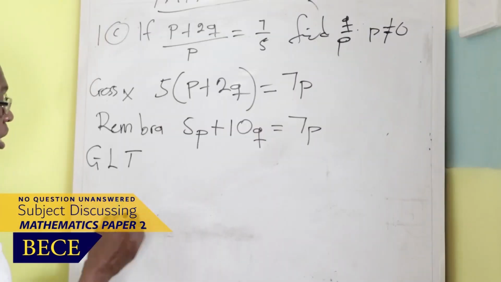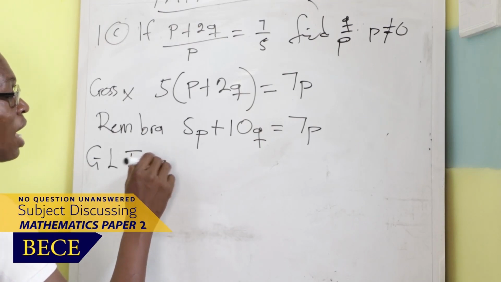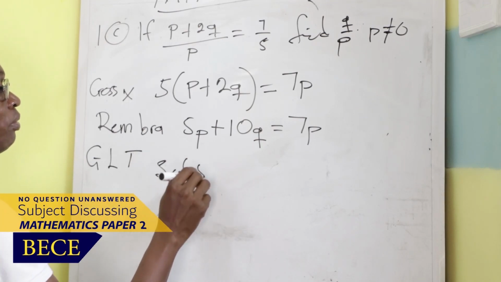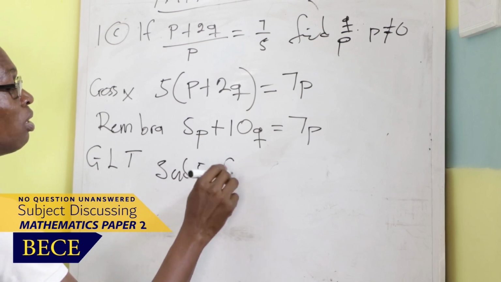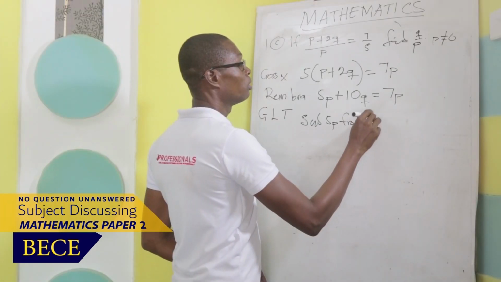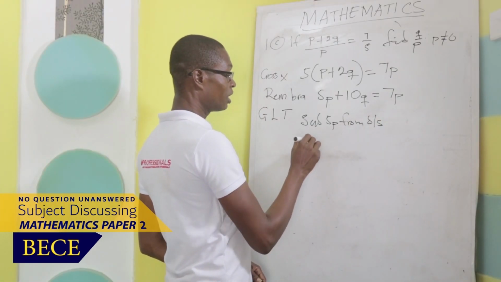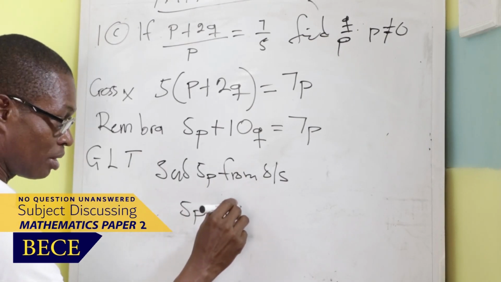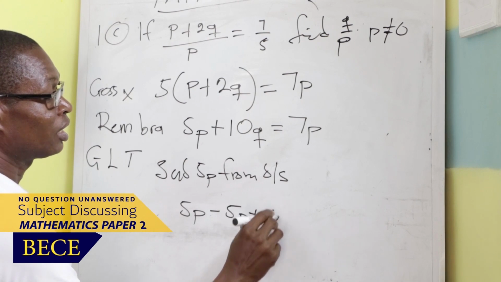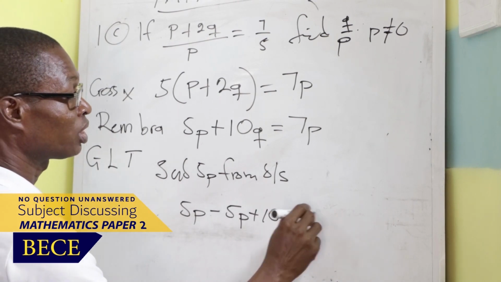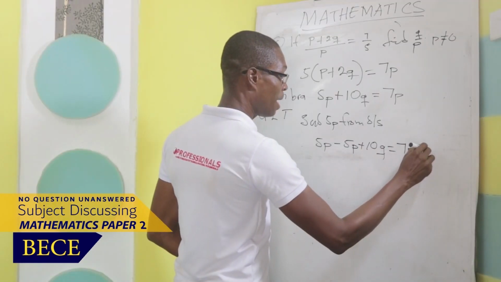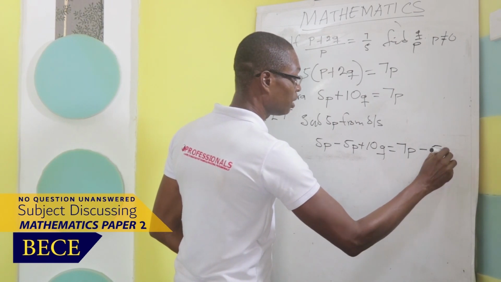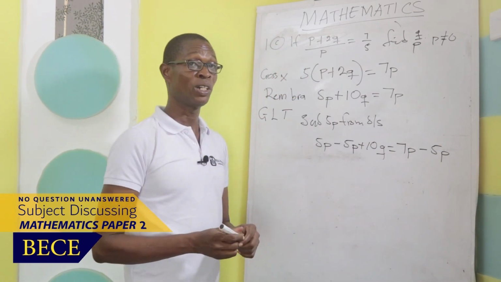So you say subtract 5P from both sides. In that case, you are going to have 5P minus 5P plus the 10Q equals 7P minus 5P. Do you agree with me, viewers?